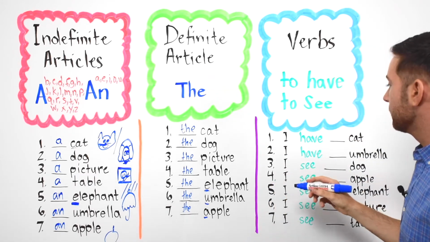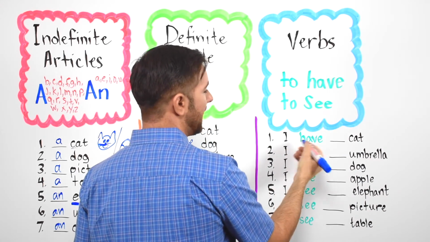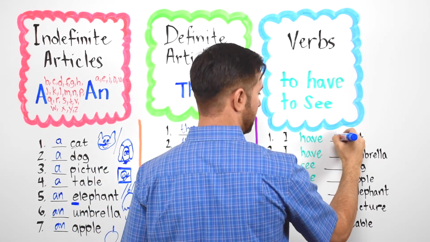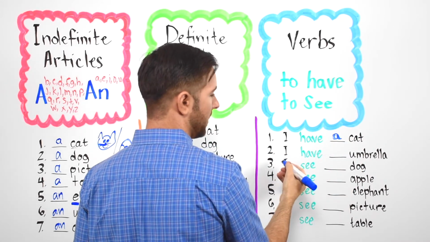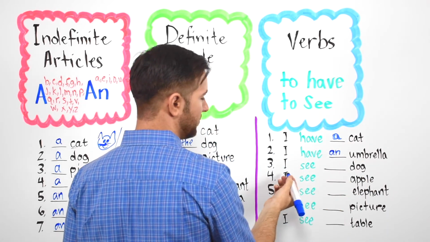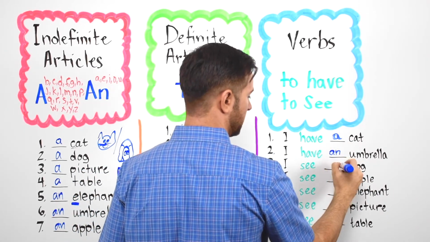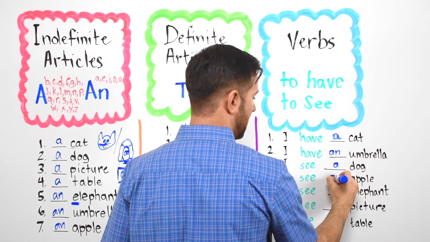So you can say, for example, and I'll turn like this. You could say, number one, I have a cat. Or number two, I have an umbrella. Number three, I see a dog. Number four, I see an apple.